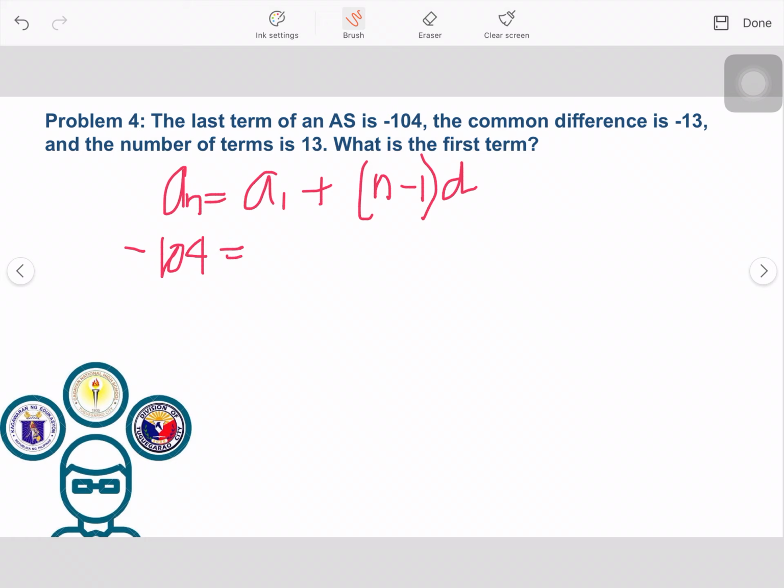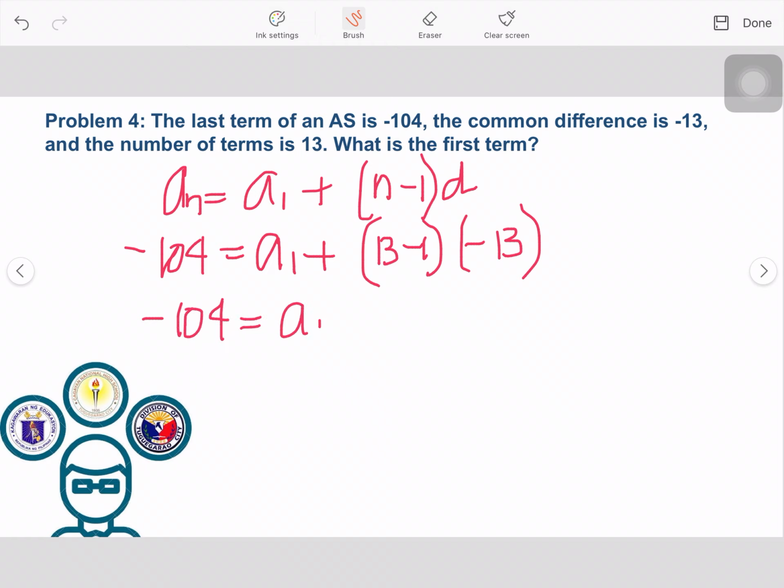That's equal to the first term, which is unknown, so that's what we're looking for, plus the number of terms, 13, minus 1 times the common difference, negative 13. Or that gives me now negative 104 is equal to the first term plus 12 times negative 13.